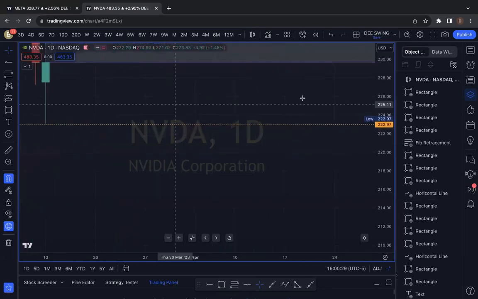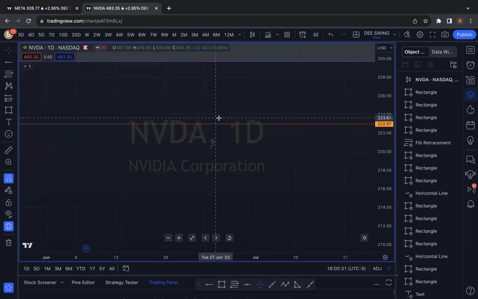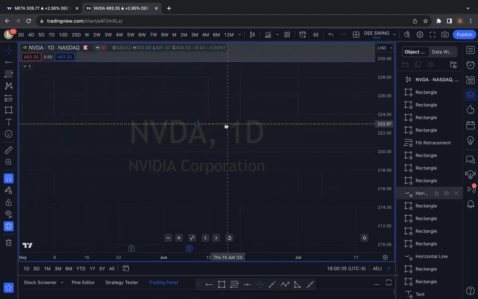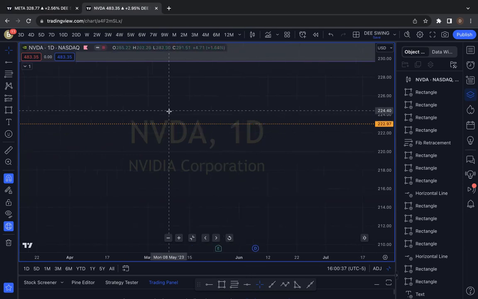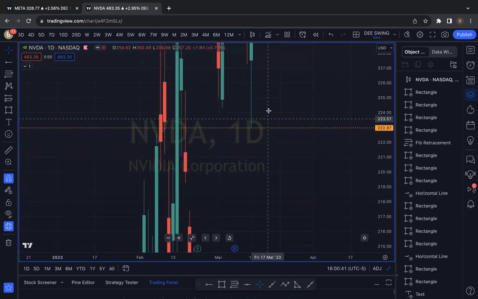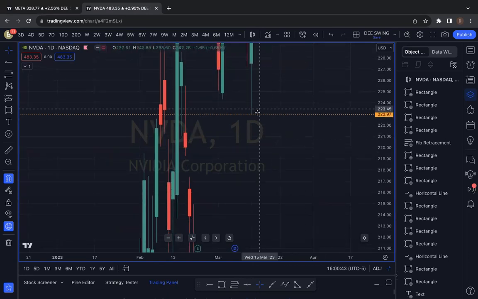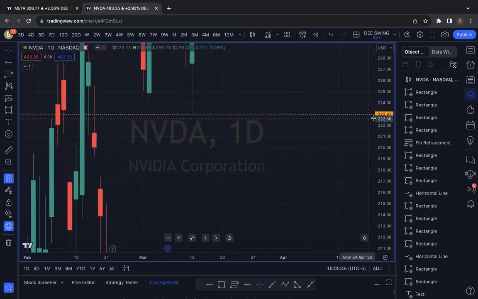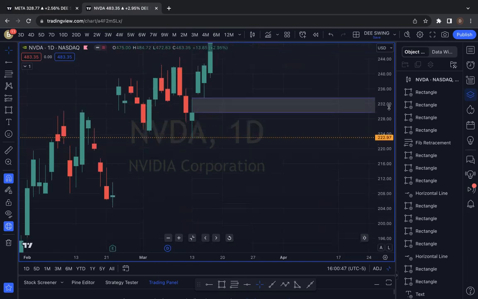Even if you keep having to go back in time, you might wonder, is that the low, or did price fill that gap before? You won't know. But if you put this line on it and snap it with the magnet, you know for a fact that is the last low before that gap. And you don't have to guess.